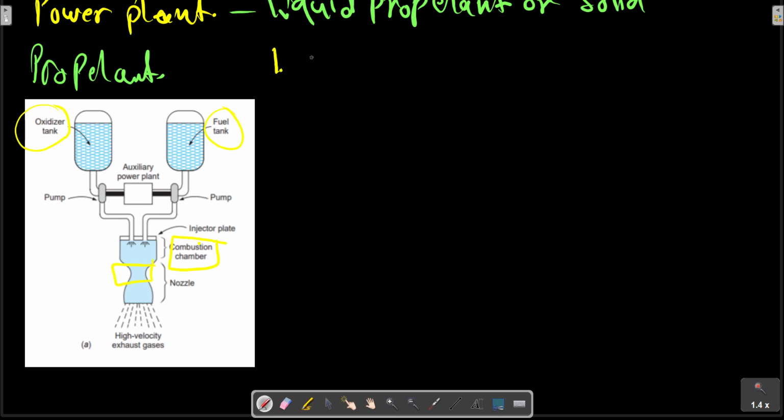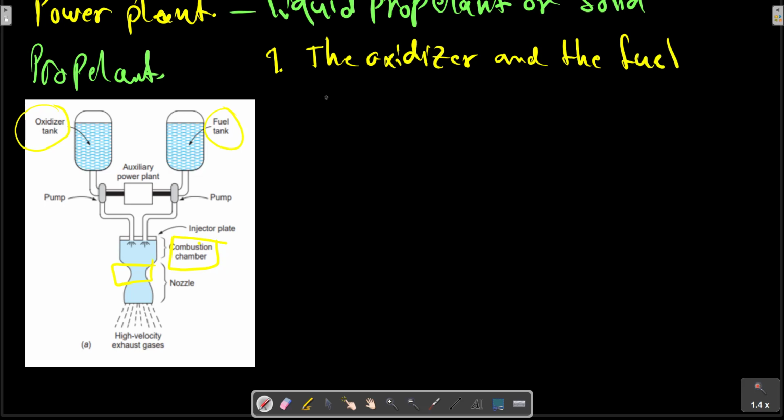So at first we can write: the oxidizer and the fuel are pumped to the combustion chamber.